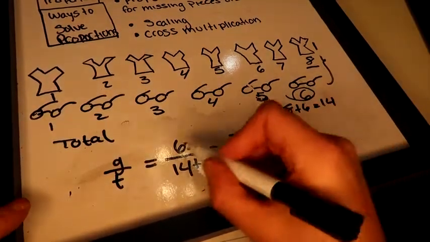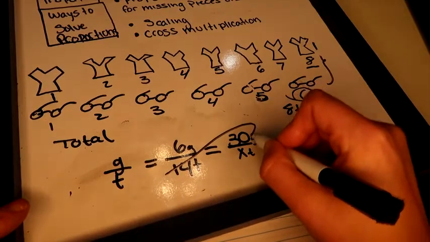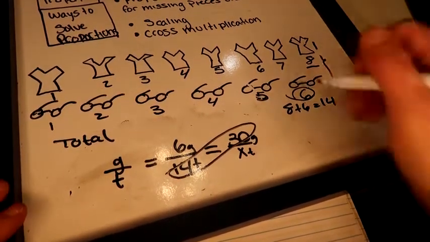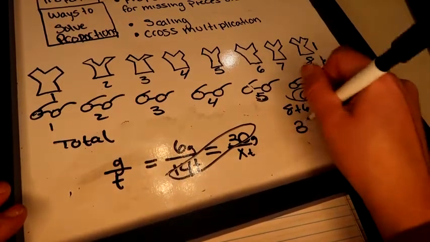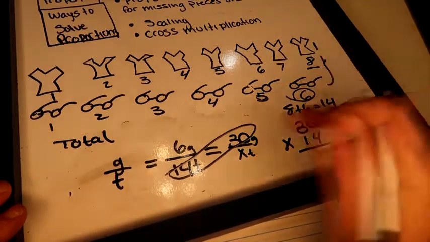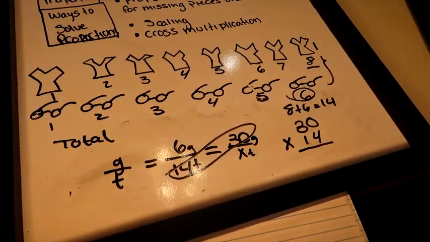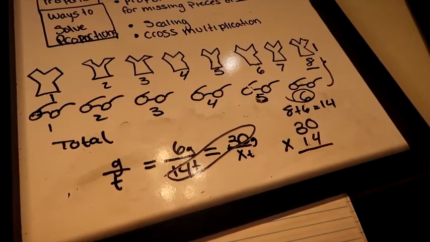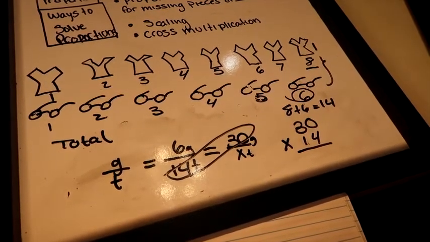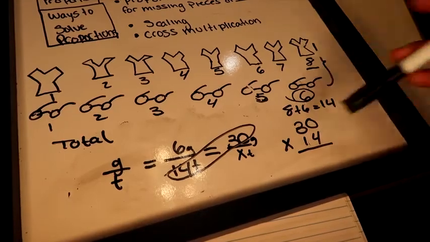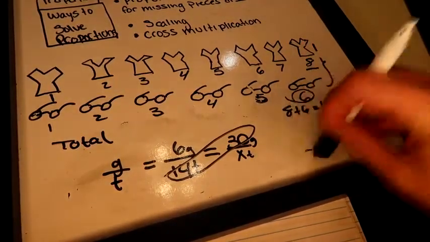So we are going to multiply the two numbers together, 30 and 14. 30 times 14. And then we're going to divide it by 6. So 30 times 14 would give me 420, or 420.